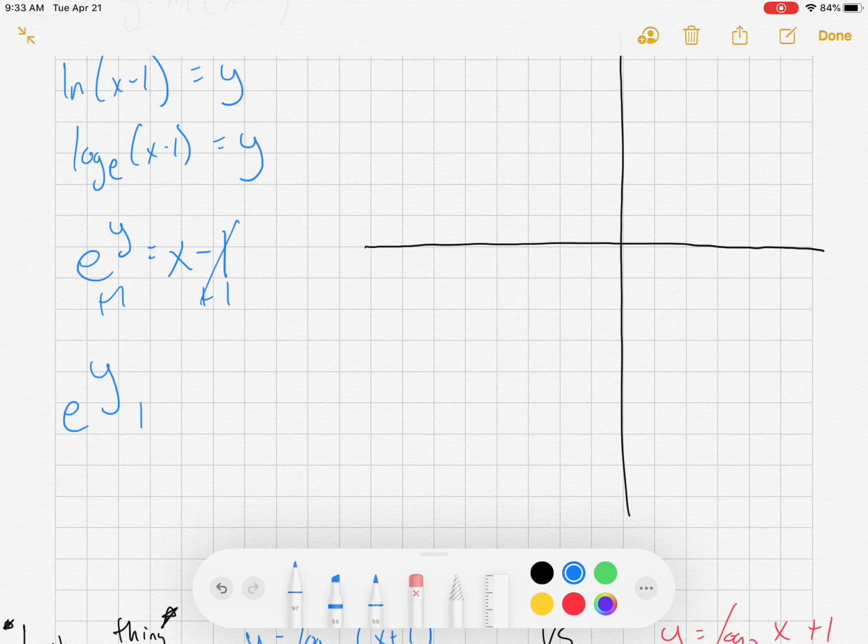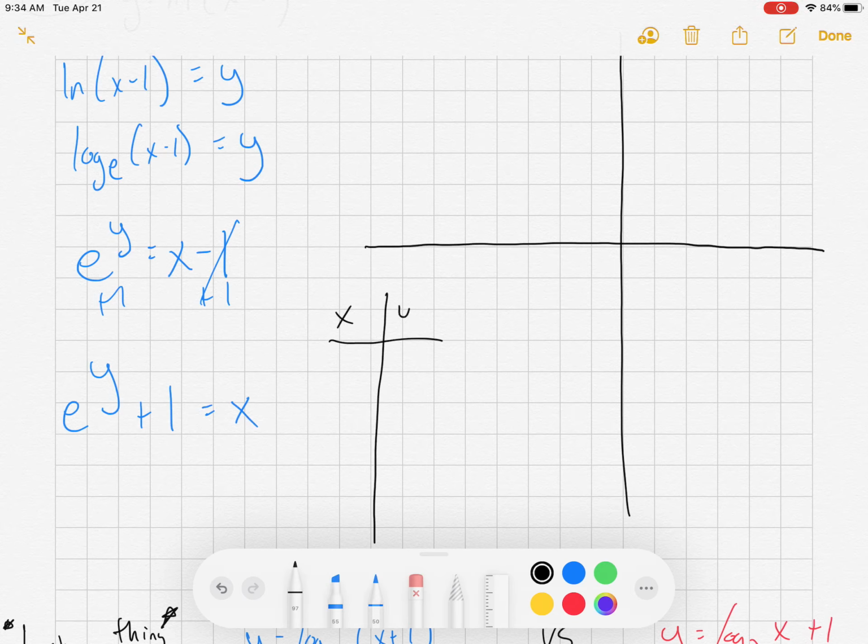Now I got to get that x by itself, so I'm going to plus 1, plus 1. I get e to the y plus 1. Again, y is in the exponent, the e and the 1 are not, equal x. E to the y power plus 1 equals x.